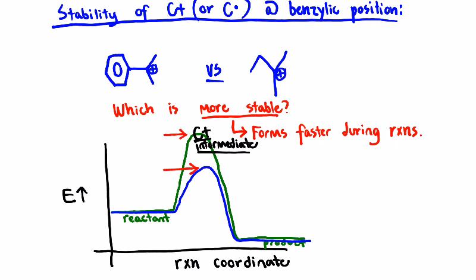Noticing that the line in the plot in blue has a lower required energy of the intermediate than the one shown in green. And so what we're implying here is that the carbocation intermediate in blue is more stable, lower in energy, than the one in green.